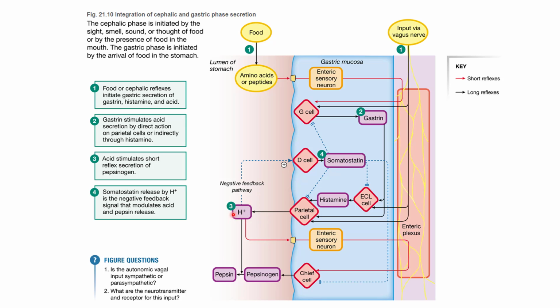Likewise, that acid is going to trigger enteric sensory neurons to then trigger chief cells to say, hey, let's start producing pepsinogen. And pepsinogen gets converted and activated by the gastric acid into pepsin so we can start digesting. So we see how this is all going. Additionally, the central nervous system can also play a role through parasympathetic neurons.